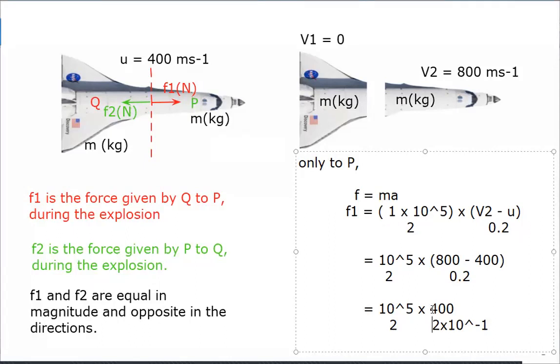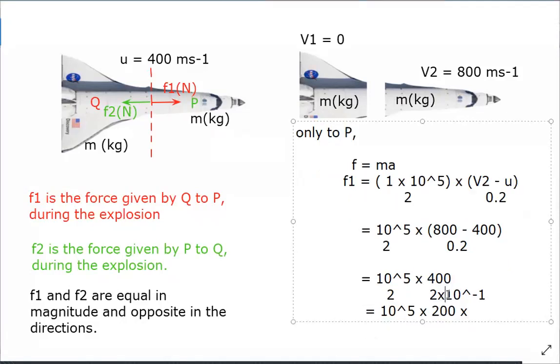What is 400 divided by this 2? 400 divided by 2, sir, is 200. Right? Nothing will happen to 10 to the power 5. It remains unchanged. 400 divided by 2 is 200, and 10 to the power minus 1.